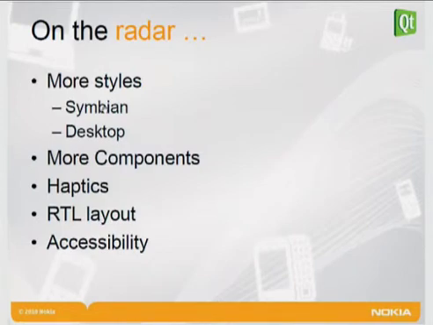We're also investigating the RTL layouting, because we could make the components RTL (right to left) aware and make some logic to do the mirroring, but we think we still need a bit more research on how we integrate that with the tooling, because it's a rather difficult problem to make a right-to-left solution automatically. Accessibility is also another point that we are looking into.